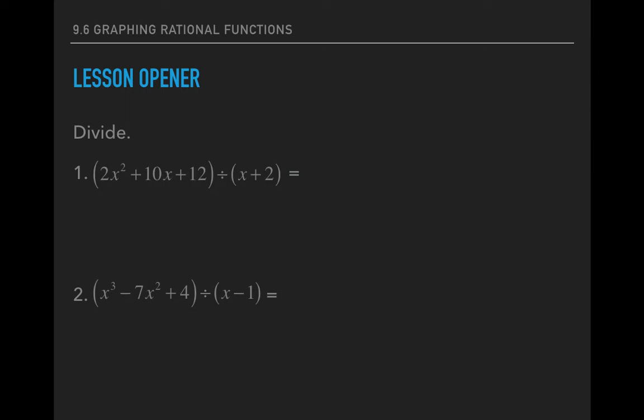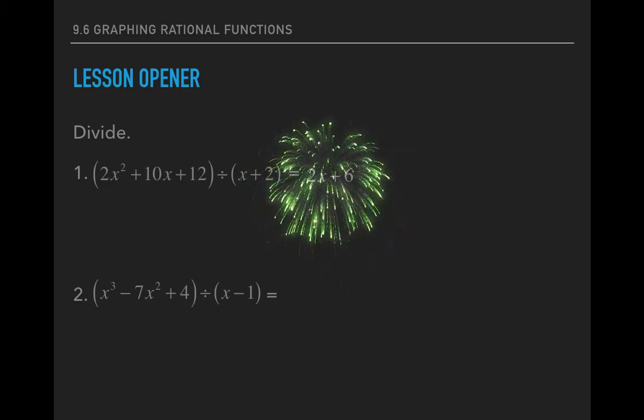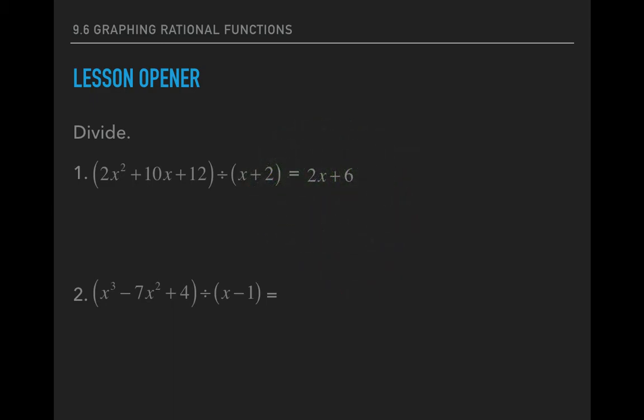And in your notes, I made a reference to it. If you've forgotten how to use synthetic division or you need a little recap, please go rewatch that video and then try to do these two problems. The correct result when you divide, for the first, would be 2x plus 6.